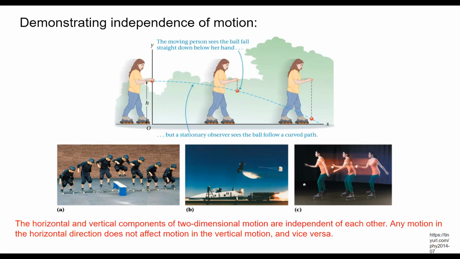Knowing that makes our understanding of two-dimensional motion a little bit easier because we already learned how to deal with one-dimensional motion, right? So for two-dimensional motion, you just break the motion into X and Y components, or X dimension and Y dimension. Then you just repeat whatever you were doing in chapter 2 twice, one in the horizontal direction and the other in the vertical direction.